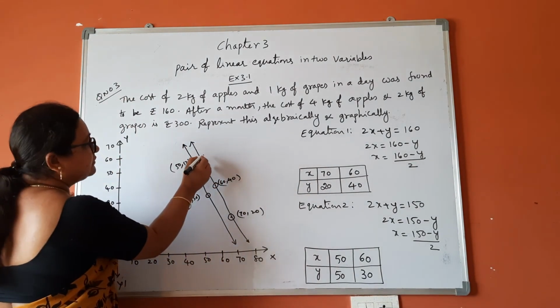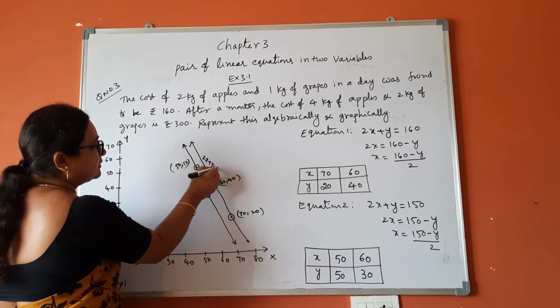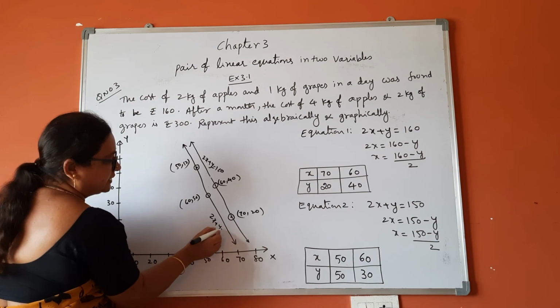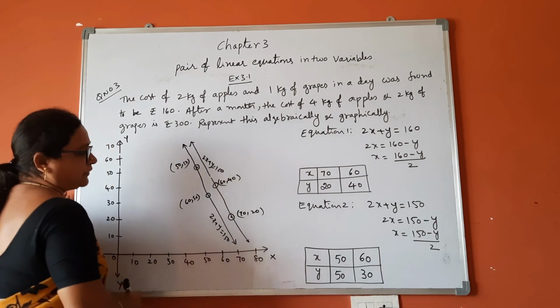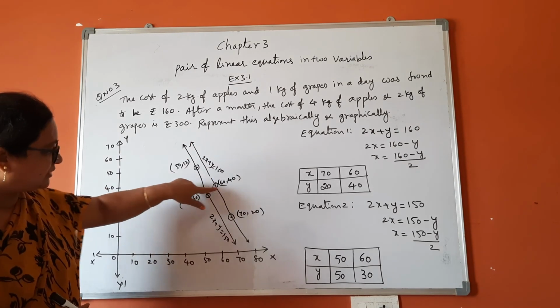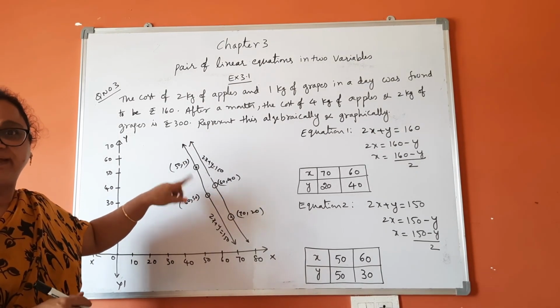So this is first equation, 2x plus y is equal to 160. This is second equation, 2x plus y is equal to 150. So if you observe, these two are not at all intersecting, so they are parallel lines.